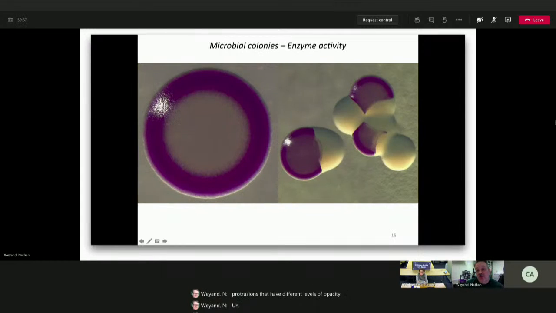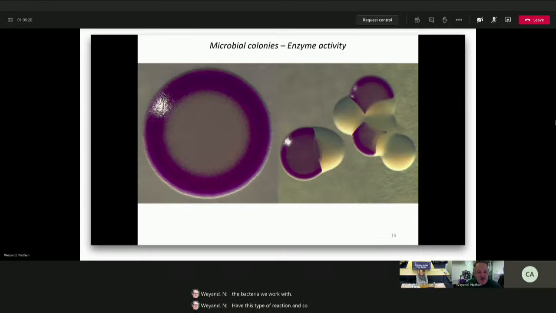Different bacteria express different enzymes, and we can drop a little reagent onto colonies. We just drip it on with a pipette, and if the organism has a particular enzyme of interest, it will turn that compound purple. Some of the bacteria we work with have this type of reaction.